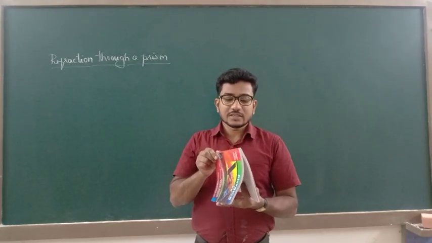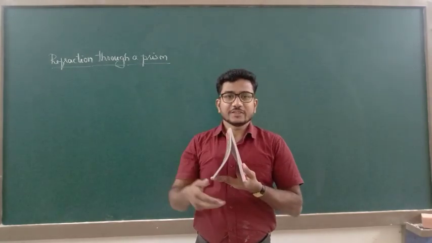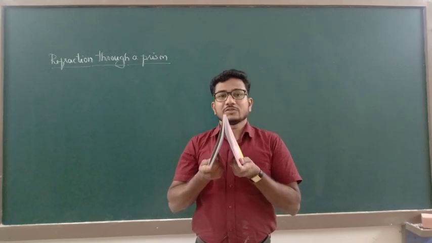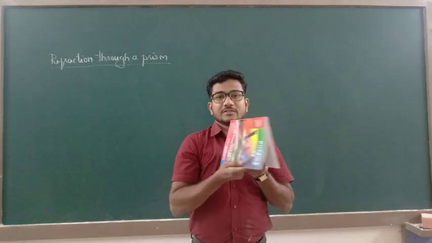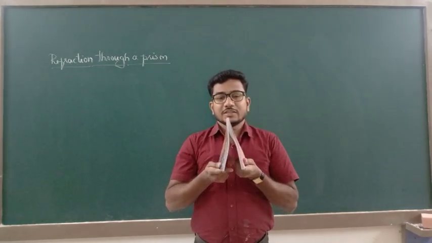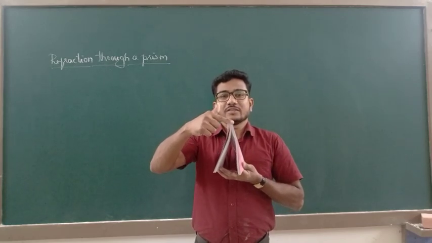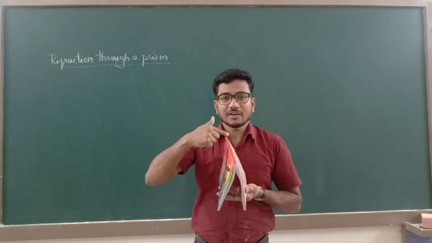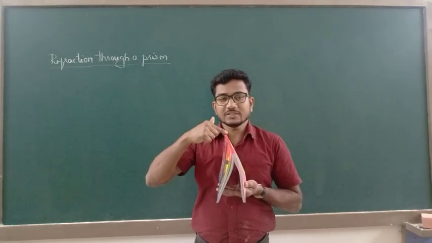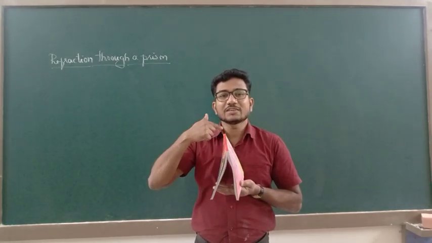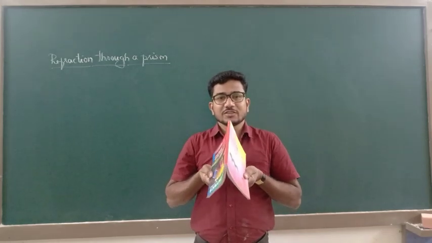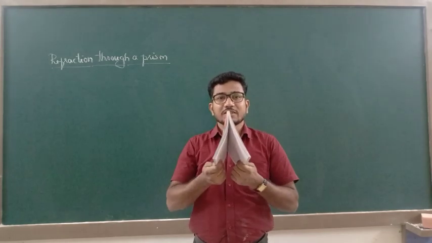And these 2 refracting faces are joined along a line. So they are going to meet along a line. This is known as a refracting edge of the prism.